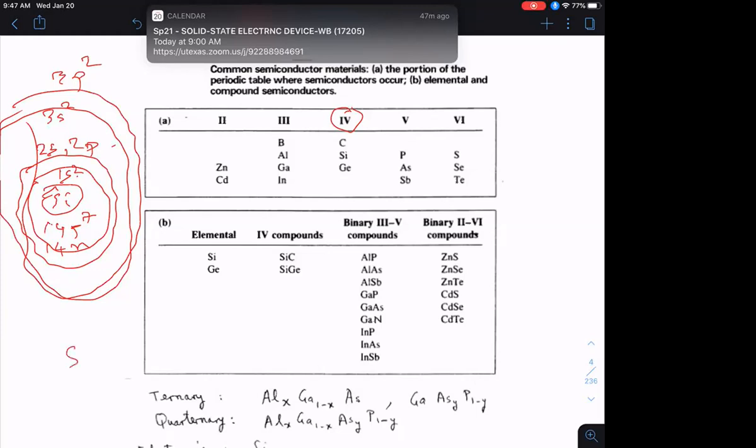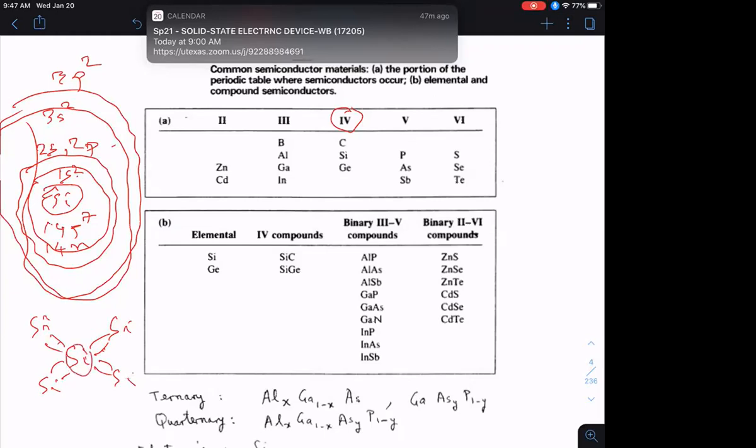So the way silicon forms a crystal is each silicon atom likes to surround itself with 4 silicon atoms, okay, and form 4 so-called covalent bonds, okay, where each of these bonds has 2 electrons. So that now with 4 covalent bonds, you end up with 8 electrons on average surrounding this silicon atom.